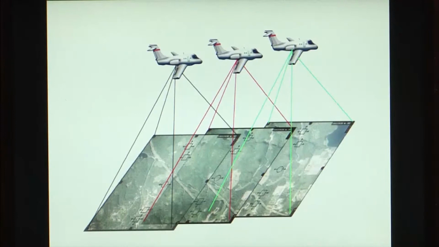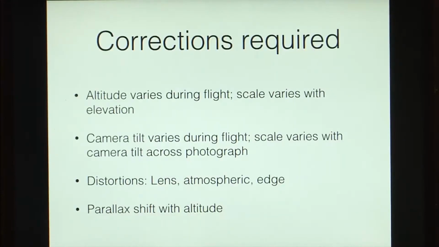So, if you look at an aeroplane that is taking pictures of the ground, here we can see three images. In these three images, some portion is common between two images and some new portion is taken in every situation. So, there are a number of corrections that are required in photogrammetry.